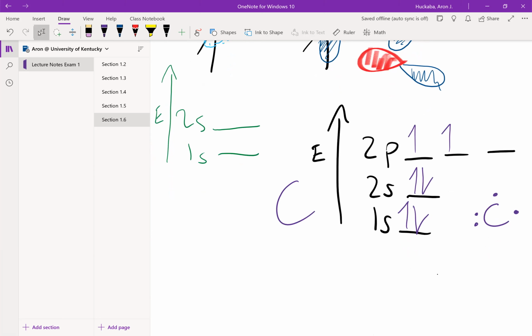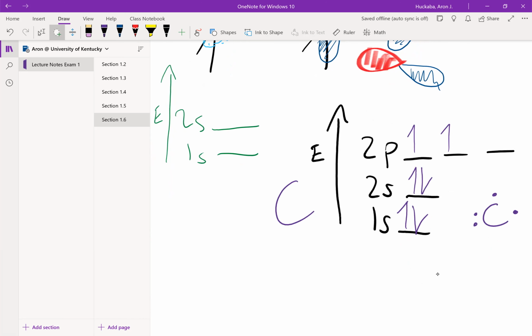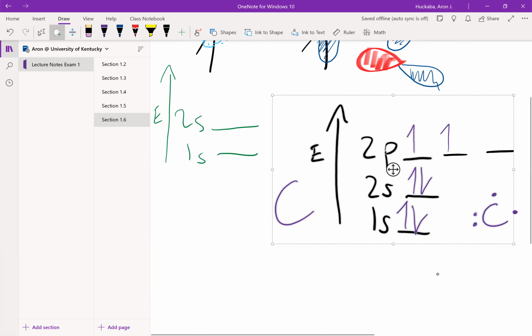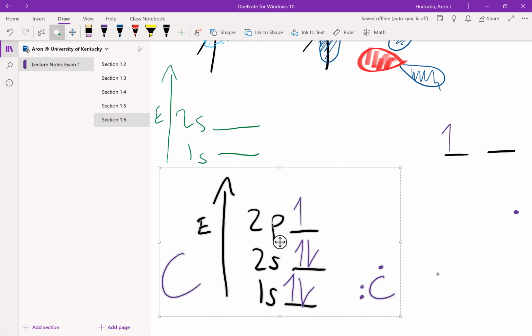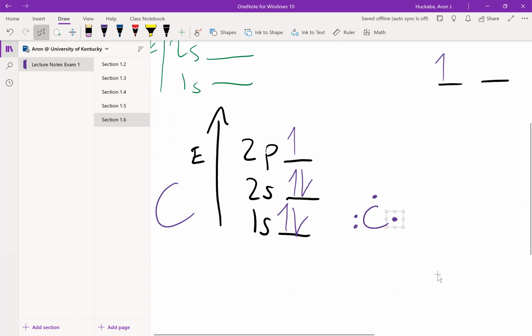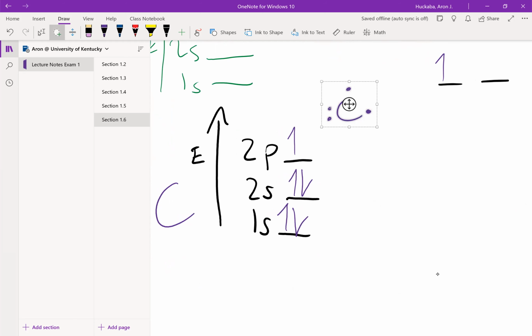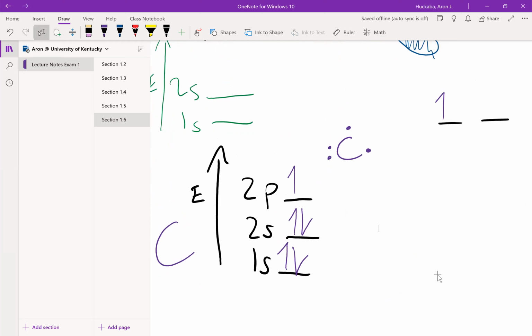Well, this is one of the magics of organic chemistry and why it is so interesting. I'm going to take this stuff and just move it down here. There we go. Because this, as you might imagine, is a very high energy arrangement.